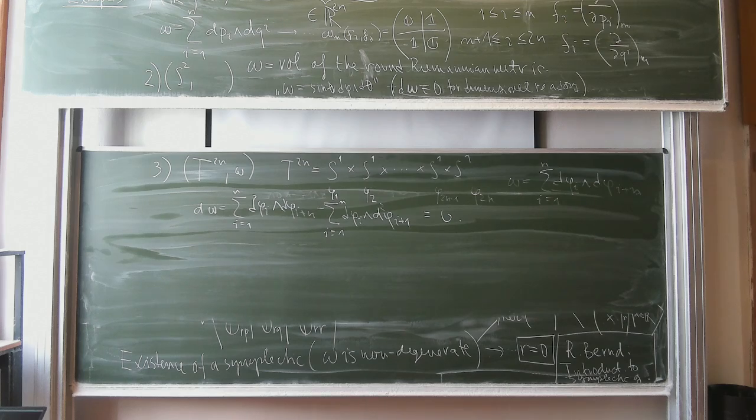So is there some form which is closed but not exact, like this one? For example, what? I don't care for any n, so is there some example of omega which is closed? Yes, but I don't have it in mind.